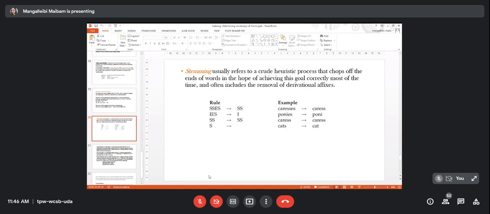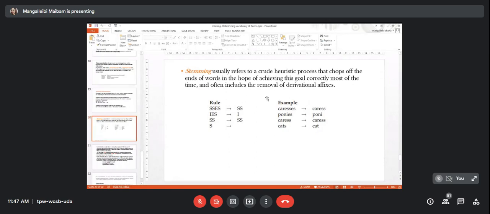What you have to remember is that stemming is the process of chopping off the ends of the word, or removing the derivational affixes. It can be a prefix or a suffix.